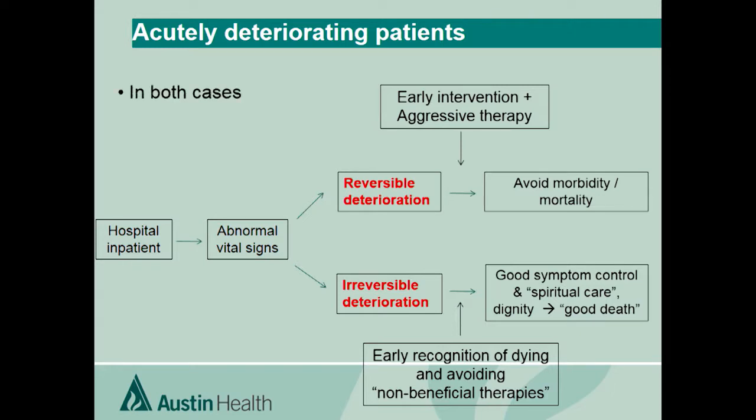But in both cases, and you've heard this a lot of times before, you need to provide the right care in the right place at the right time. And on one occasion it's a palliative care setting or the ward with limits of treatment and comfort care if there's deterioration, and in the other it might be a high dependency or intensive care.